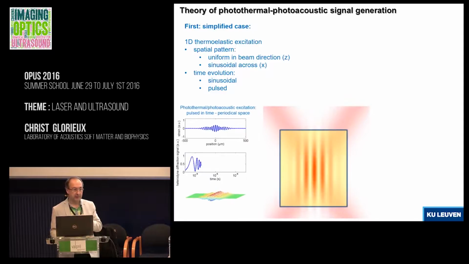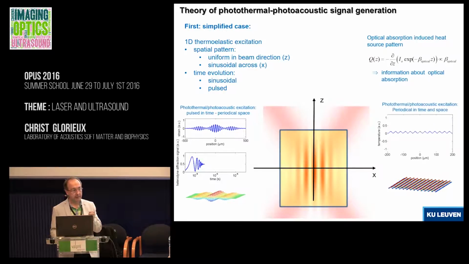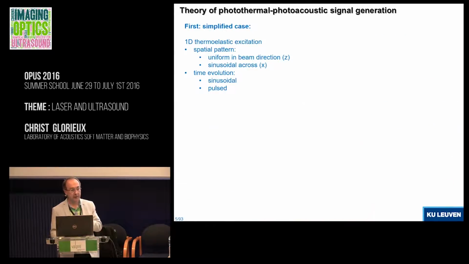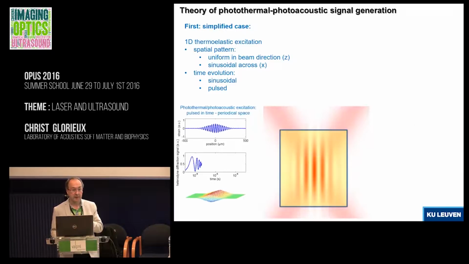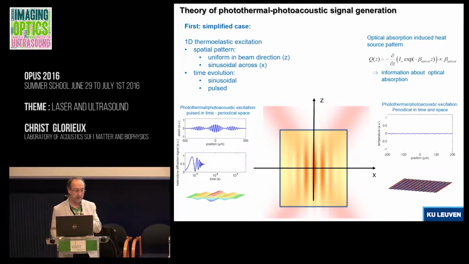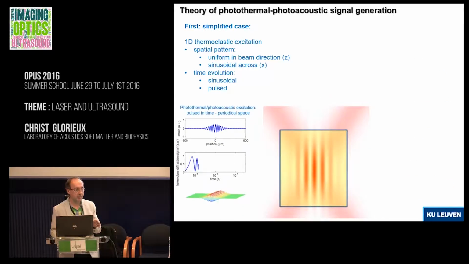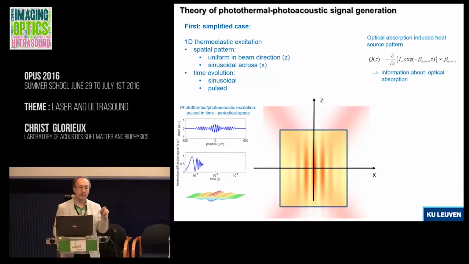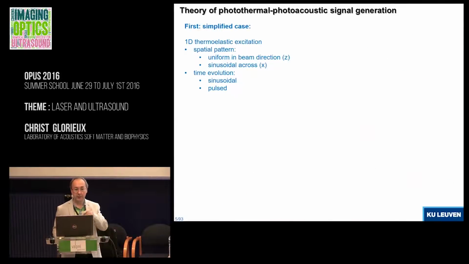Those are linear differential equations, and the nice thing about those equations is that the solutions are sinusoidal functions, yes. So that's why in my talk now I will distinguish between different kinds of excitation, but I will always start with sinusoidal, because the nice thing about sinusoidals is, you take the derivative and again you have a sinusoidal. You take 2 times the derivative and again you have a sinusoidal.